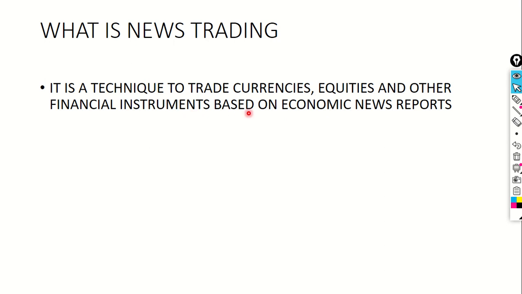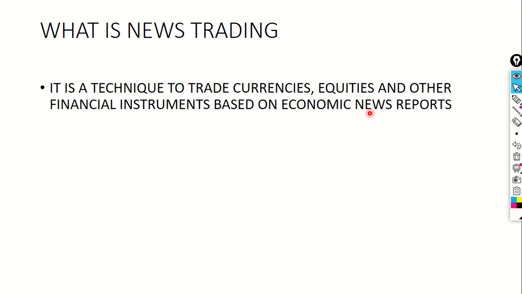It is based on economic news reports. These news are economic data reports, which will be issued at some periods: end of month, end of quarter, end of year, end of decade. They release economic data which shows how the economy is performing for certain countries.